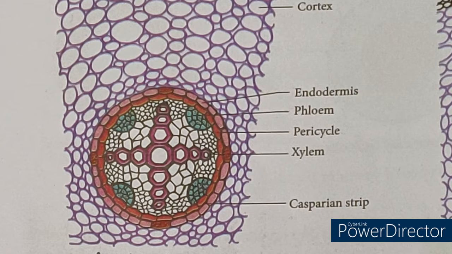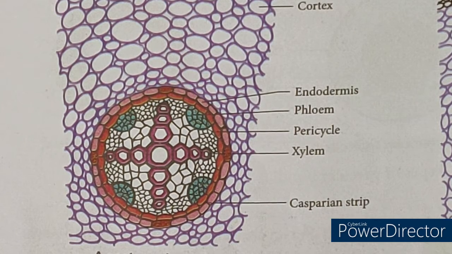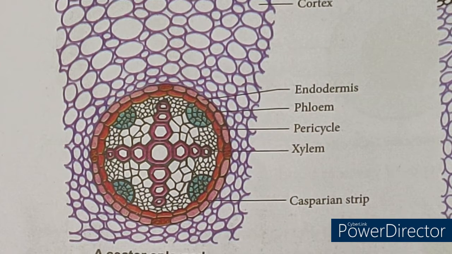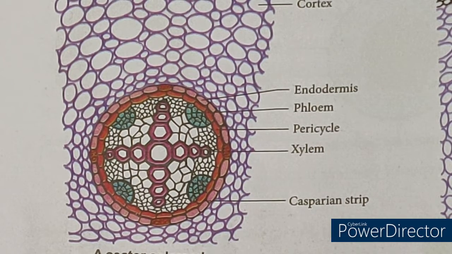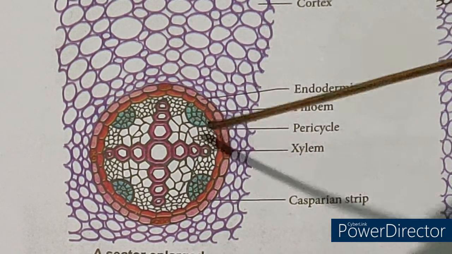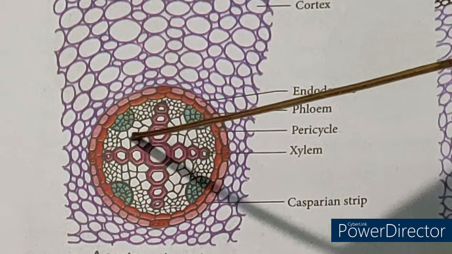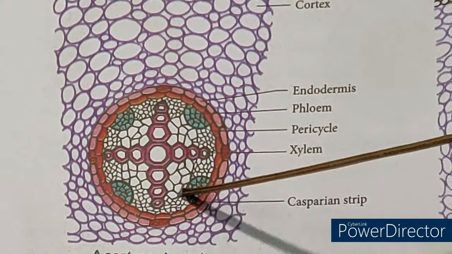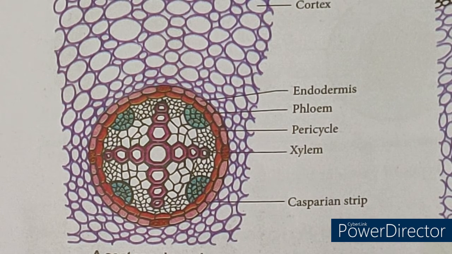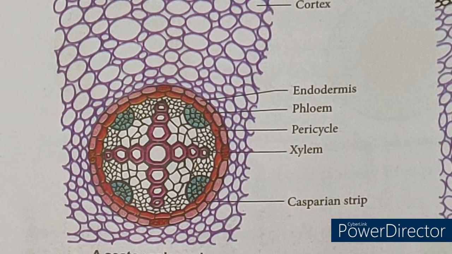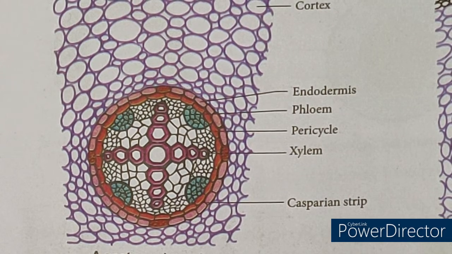In the middle, the larger one is metaxylem. Second, in between you come across certain conjunctive tissues, and those tissues are made of parenchyma cells. Pith is absent, but you have certain tissues made of parenchyma cells.